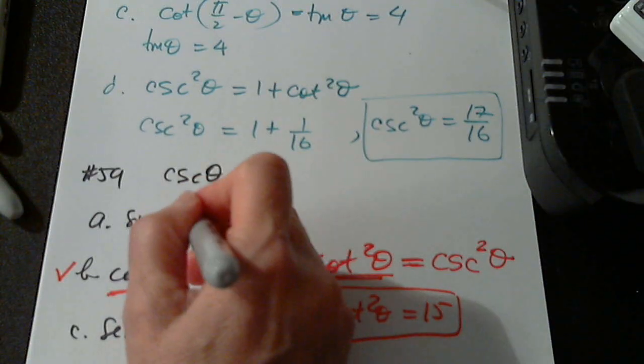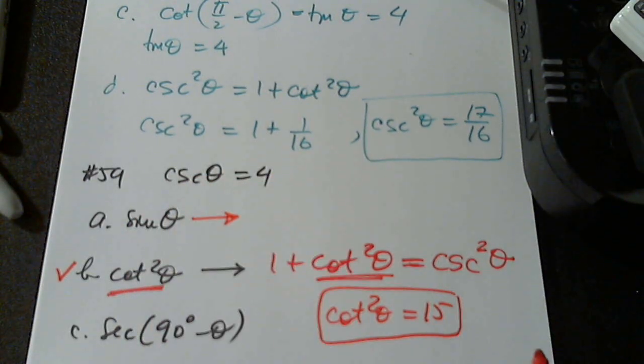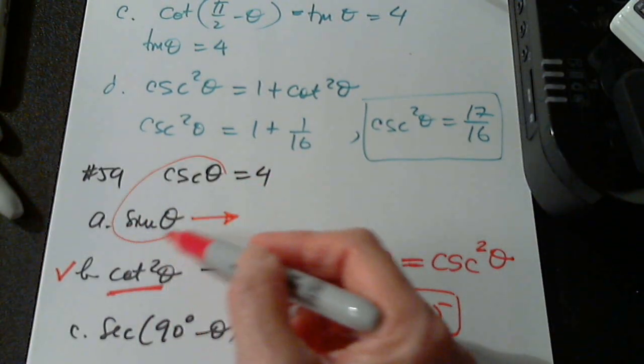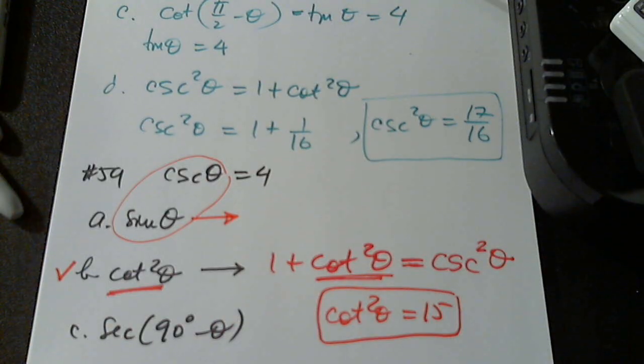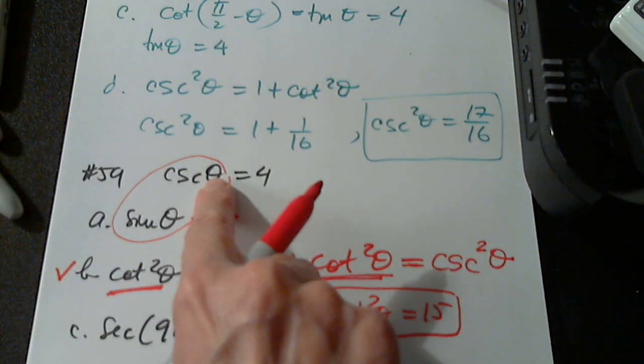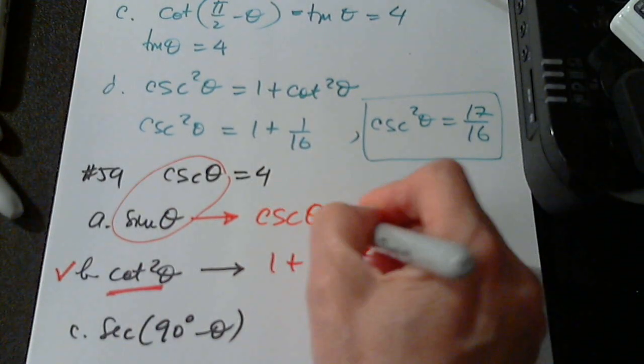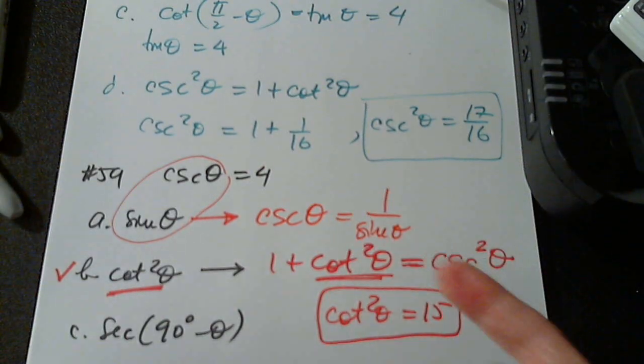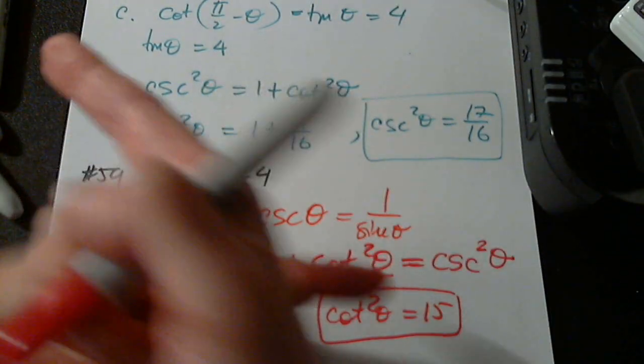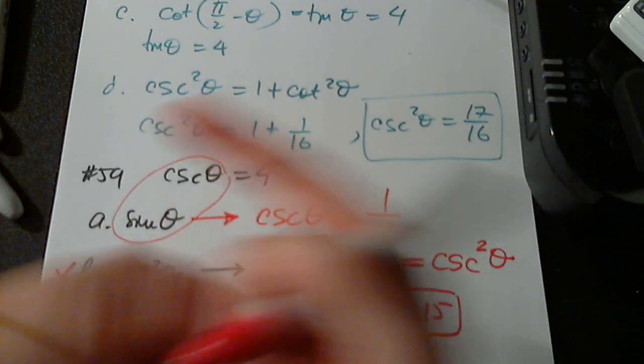Perfect. Let's move on to this one. Is there any relationship between cosecant and sine? Cosecant is the inverse of sine. Exactly. Very good. So we have cosecant theta equals 1 over sine theta. Remember, in a proportion, we can do this.